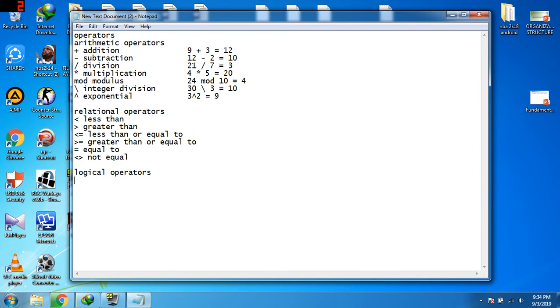In logical operators, we use and, and of course we use or. So how are they different?